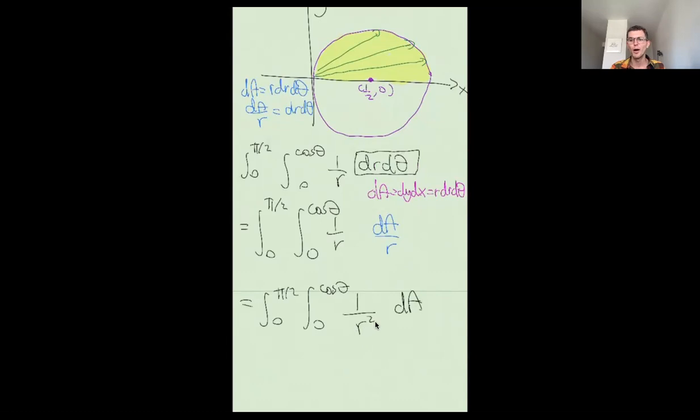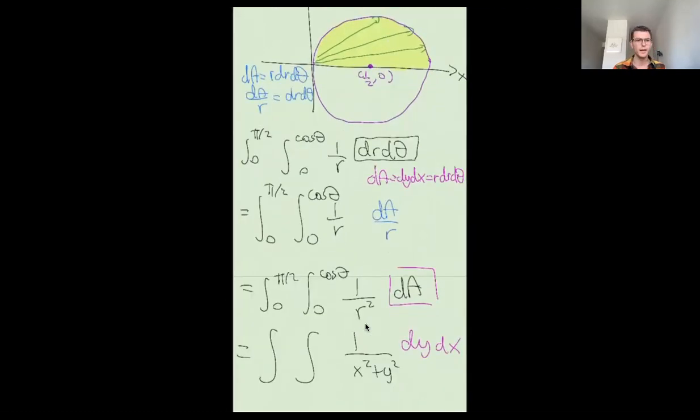But what is r squared in Cartesian coordinates? X squared plus y squared. And remember that dA in Cartesian coordinates is dy dx, for example.